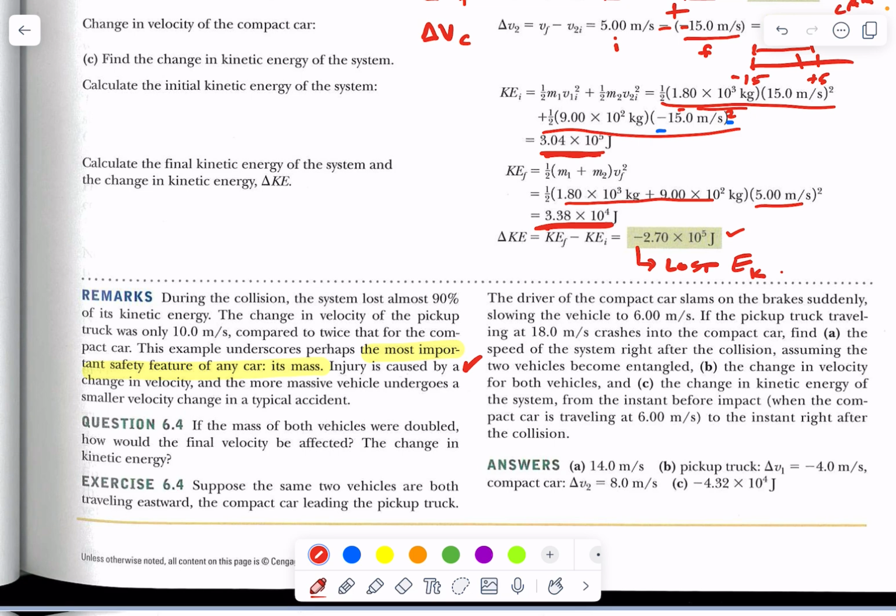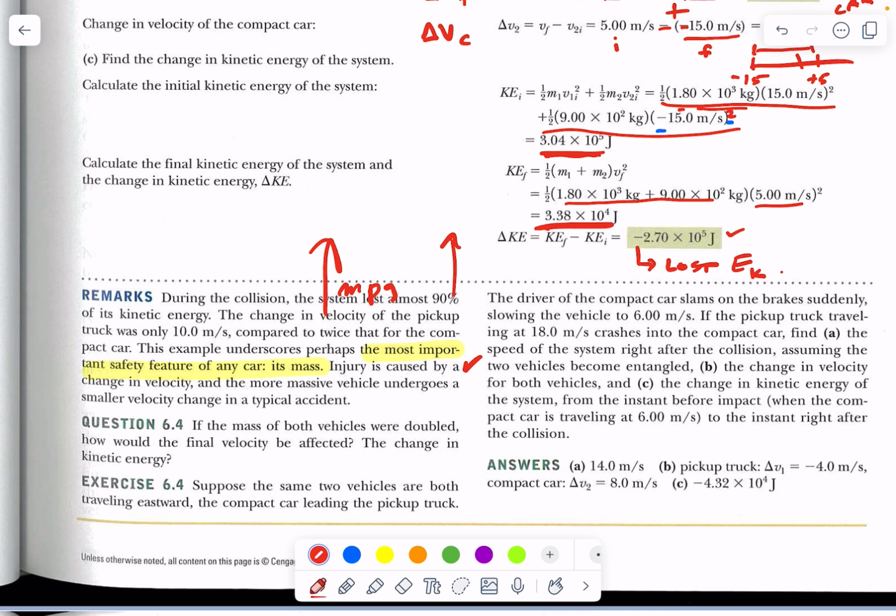So your gas mileage might be going up, your miles per gallon, but the danger to the occupants is also going to go up. And that's why we need to take other precautions to compensate, like airbags and the design of the vehicle and collapsible front ends and things like that.